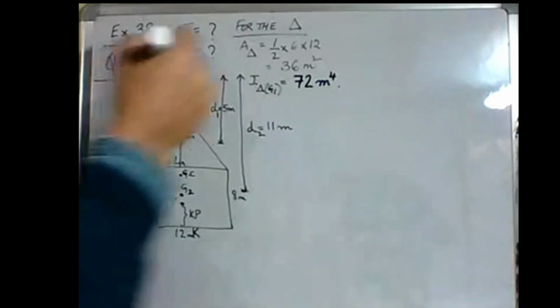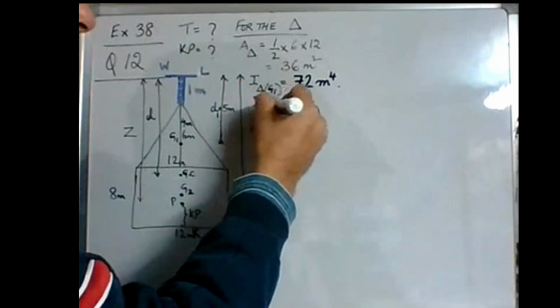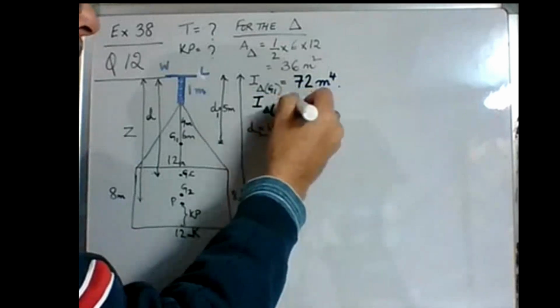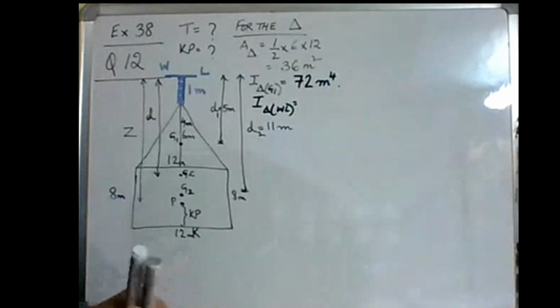Okay. Tell me I of the triangle about the water line. That is 72 plus AD1 square. That is 72 plus 36 into 5 square.